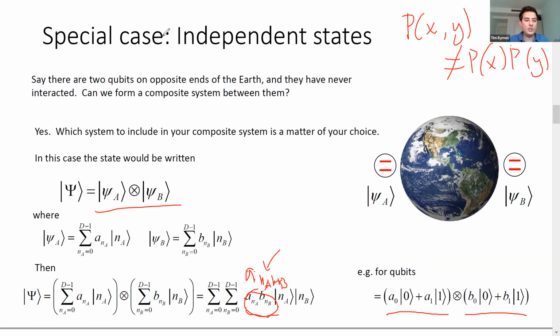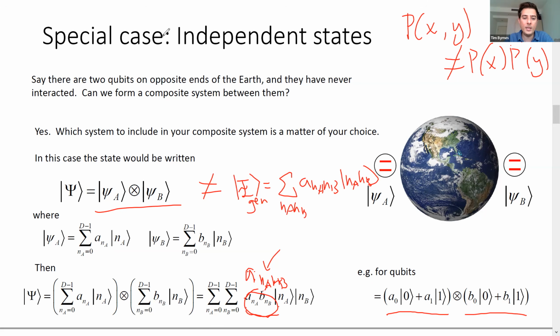But of course, in general, this thing is not the same as a completely general quantum state. In a more general quantum state, you'd have A and A and B, and B, as we had on the previous slides.